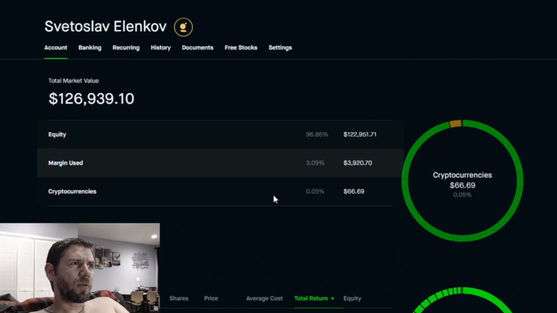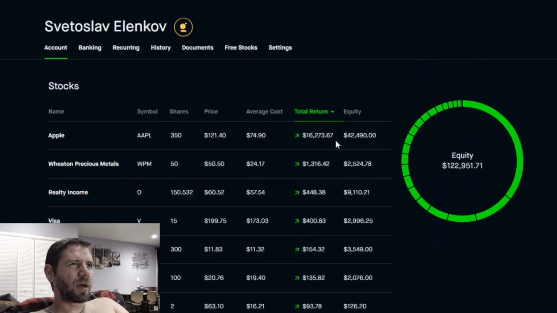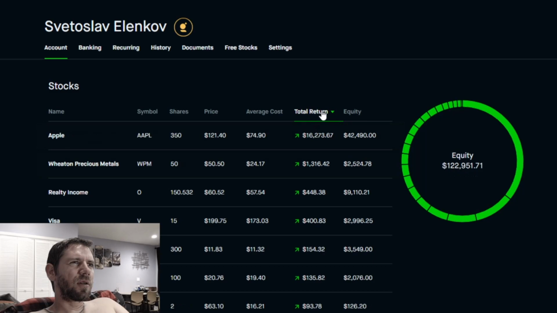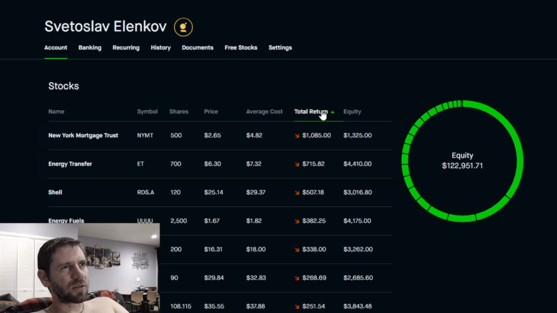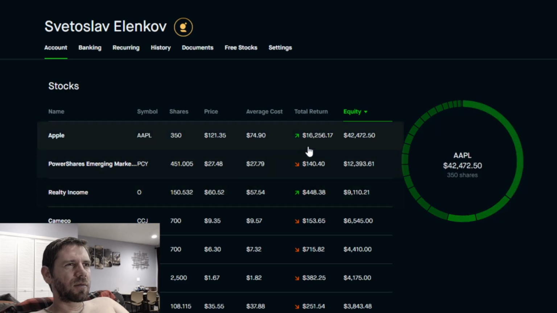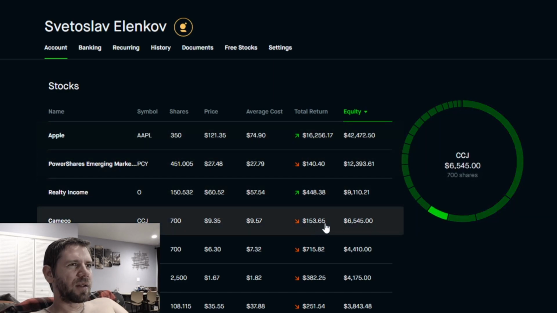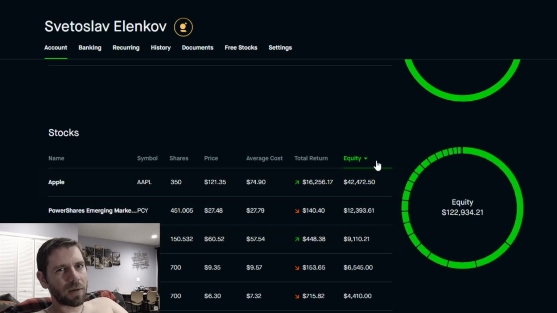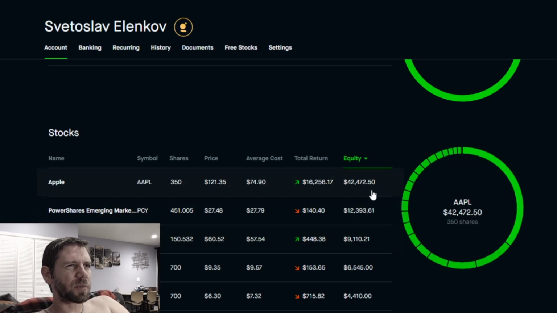It might be a lot more though, because I have some collateral, and you'll see what that means in a minute. These are the unrealized gains or losses. So I can sort by equity, and you can see that my first 3 positions are doing okay when it comes to the size. If you sort by equity, that means you're sorting by your largest position first.